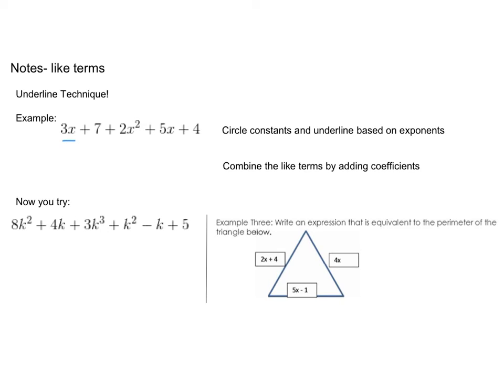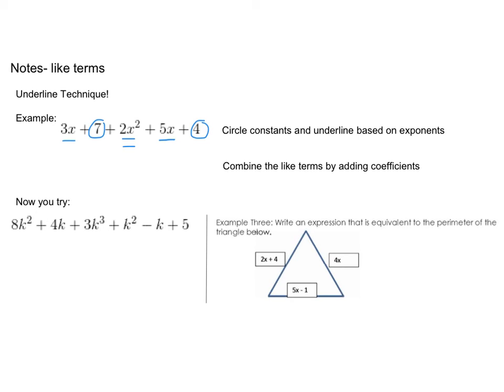I'm going to look for any other piece that has an exponent of 1. That doesn't, that doesn't, that does, so I'm going to also underline that once. This piece has an exponent of 2, so I'm going to underline that twice. And then generally I circle my constants.